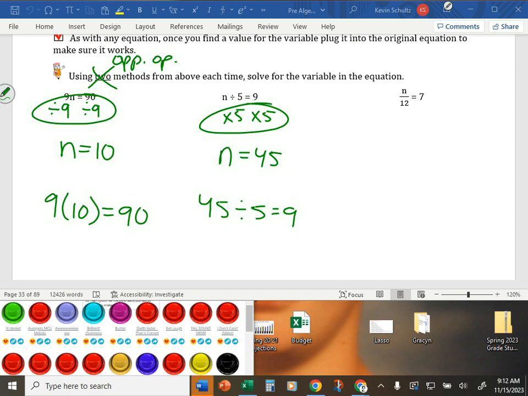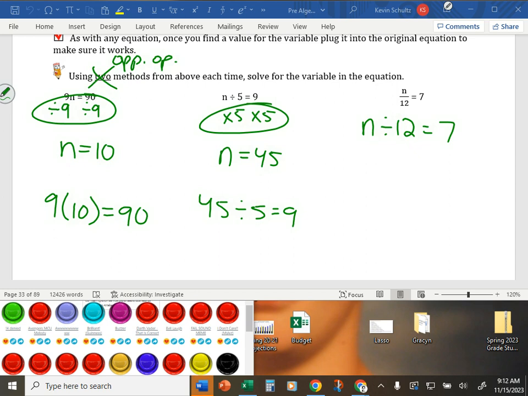Right? That last one does say n divided by 12 equals 7. If it helps you to rewrite vertical division as horizontal division, you can. These two things mean the same. As a fraction, vertically n over 12 means the same as horizontally n divided by 12.